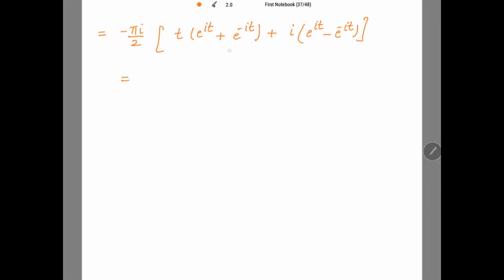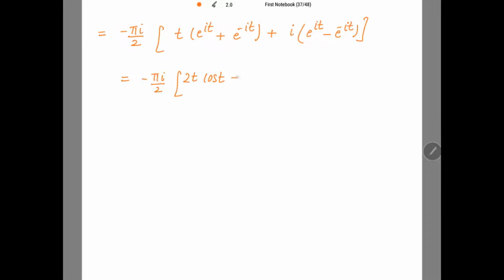So what we have to do? We have to multiply and divide by 2. So this is minus pi iota by 2 into, if I multiply and divide by 2, I will be getting 2t cos of t. And for this I have to multiply and divide by 2 iota.